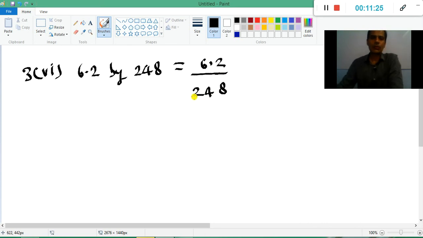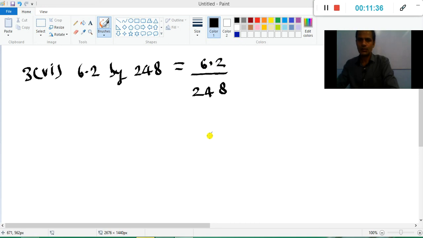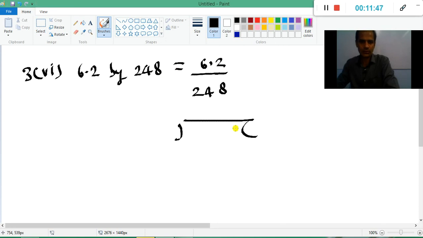Okay students, so first we will divide 62 by 248, not a problem, then we place the 0 accordingly. See, so here you can show the division process, because numbers are complicated and the numerator is smaller, so I am going to solve the division process.